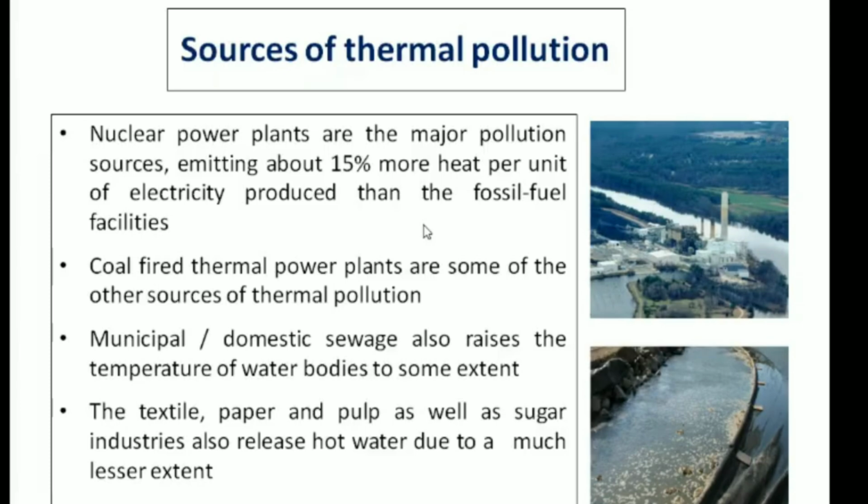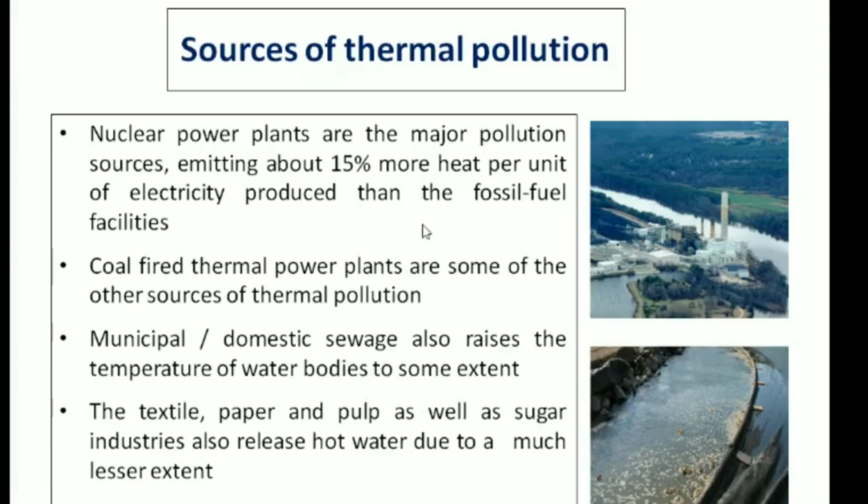Like this, domestic waste discharged into surface water bodies, like plastic waste and non-biodegradable materials, will raise the temperature of the water, and naturally it will lead to different problems. Aquatic animals may be affected. If you dump some plastic waste into the water bodies, that also will lead to thermal pollution.